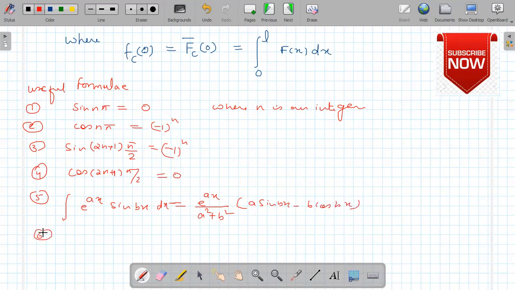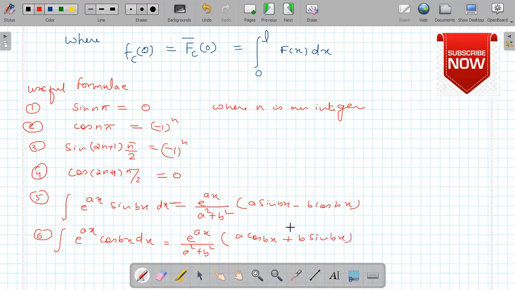And similarly, for the integral of e raised to the power ax cos bx dx, it is equal to e raised to the power ax over a square plus b square, times (a cos bx plus b sin bx).